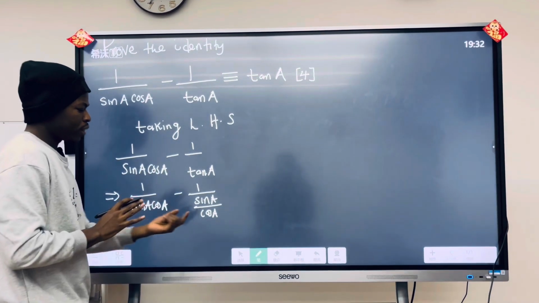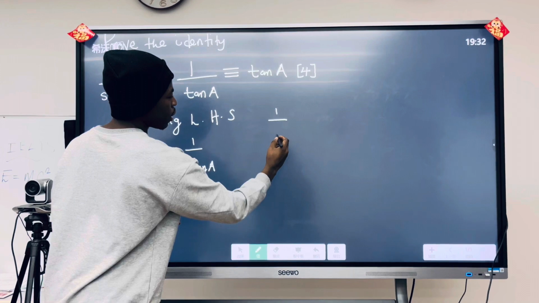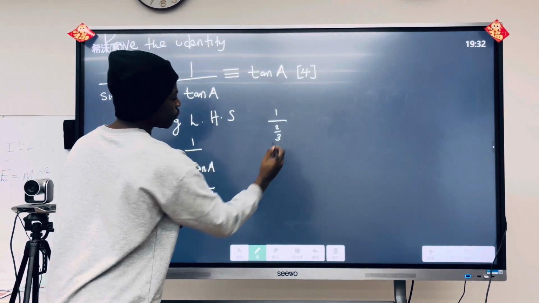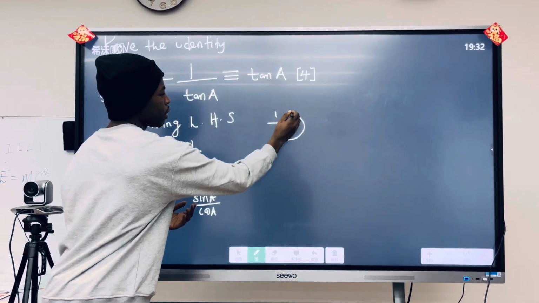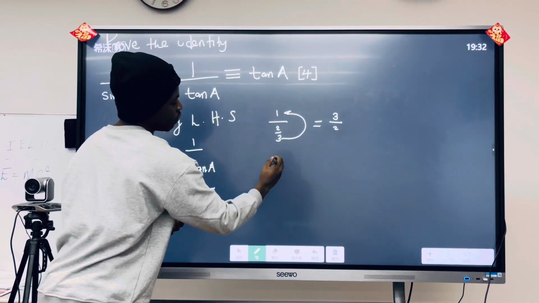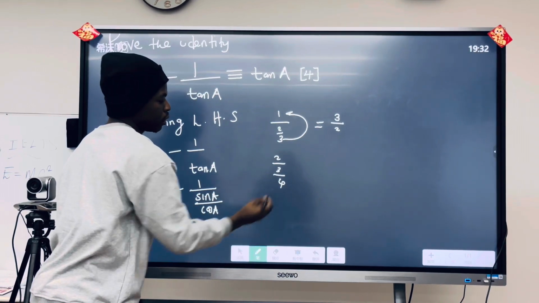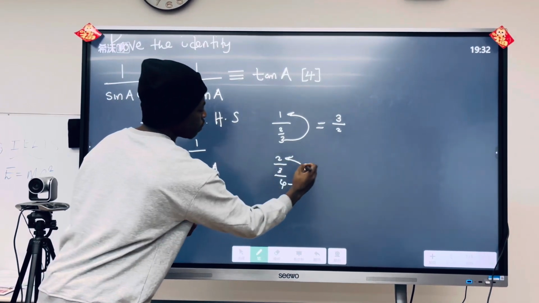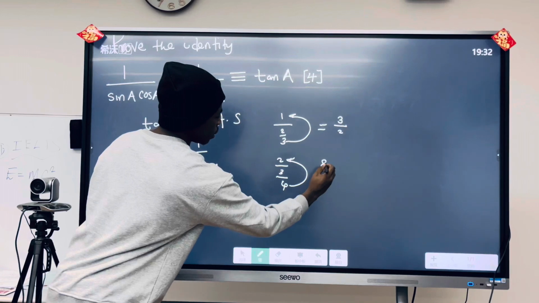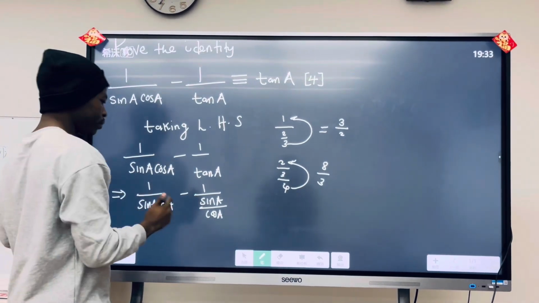There's just some basic math that you could apply here. If I have something like 1 divided by 2 over 3, I can just multiply this, then you're going to have 3 over 2. If I have 2 over 3 over 4, I can just multiply this, then I'm going to have 8 over 3. I can apply the same thing here.